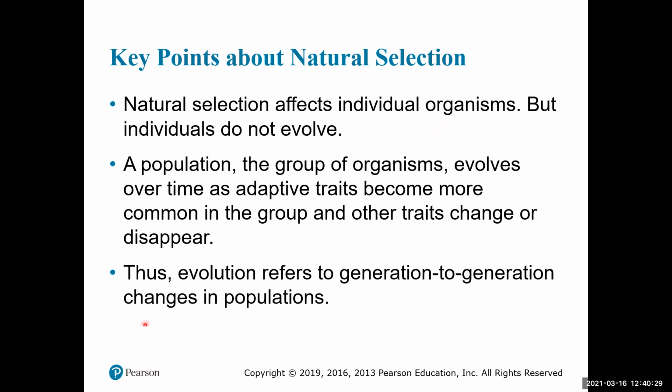So if you have two genes, one for light coat color and one for dark coat color, and they both start at 0.5 frequency in the population, so 50-50. If the light is more fit, then you would expect more individuals with this gene to survive and pass it on than the dark. And so you would expect light to increase in frequency and dark to decrease in frequency.